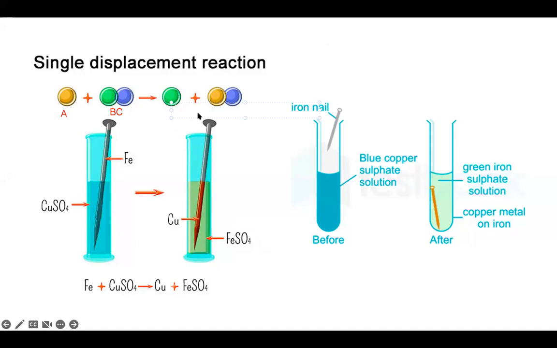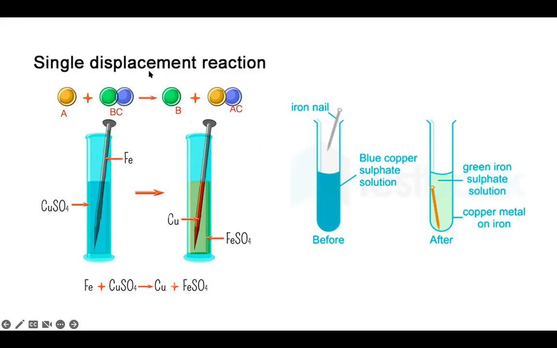Now you have only B, and the other element is displaced and now it is mixed with A. So you can say this is AC. The reaction will form BAC.